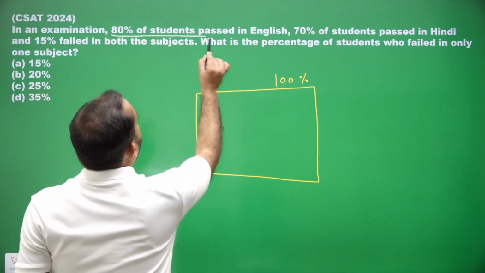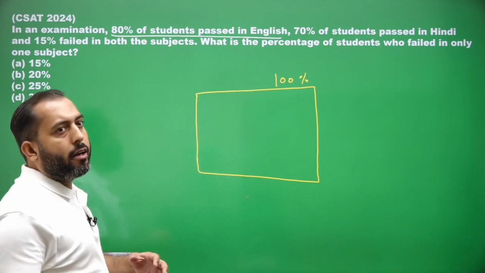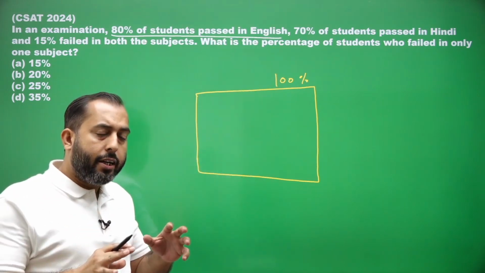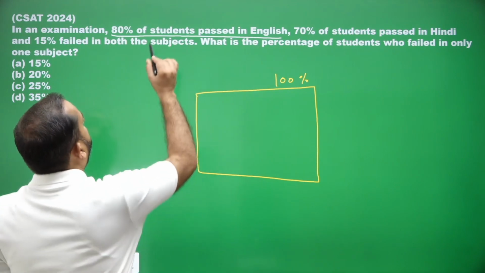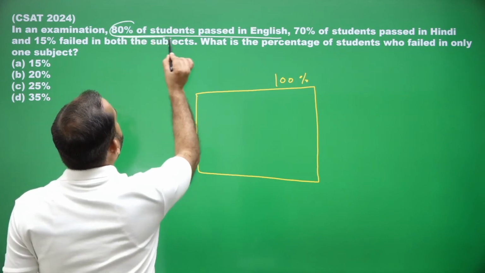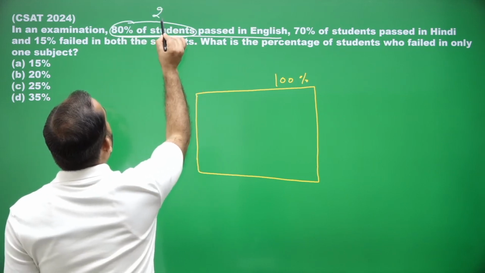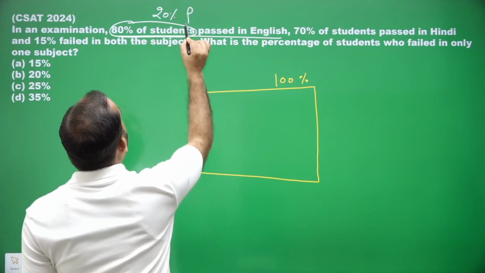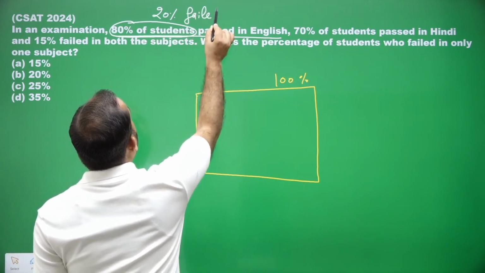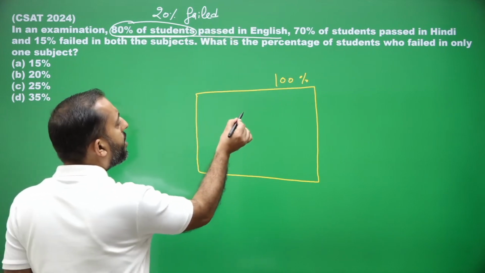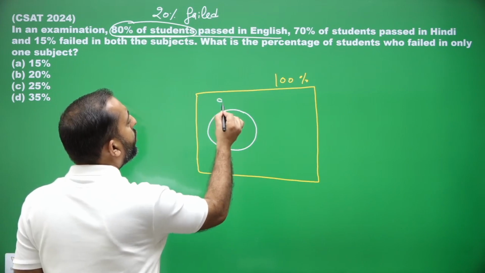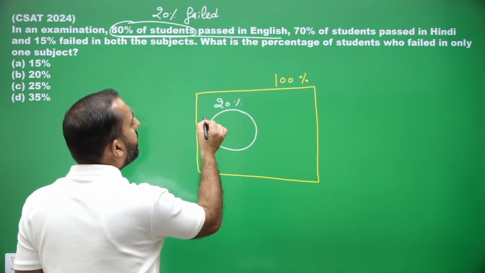Now, 80% of the students passed in English. Out of 100%, if 80% passed in English, which means 20% failed in English, because 100 minus 80 is 20. So out of 100%, 20% students failed in English.